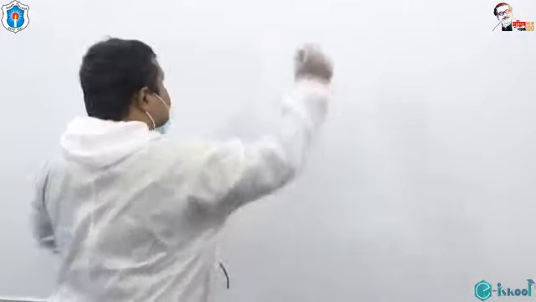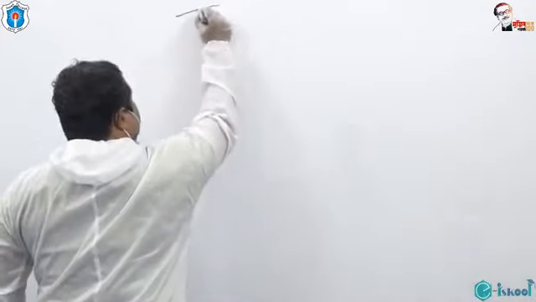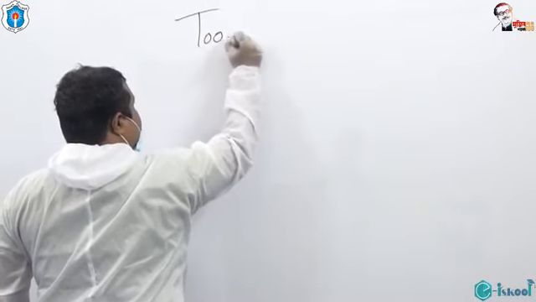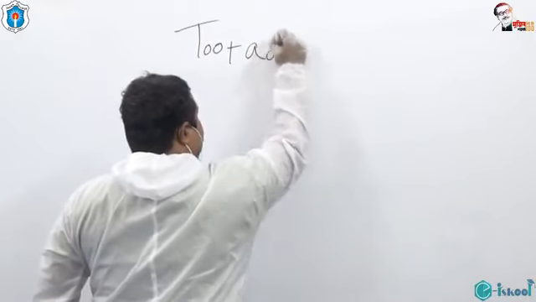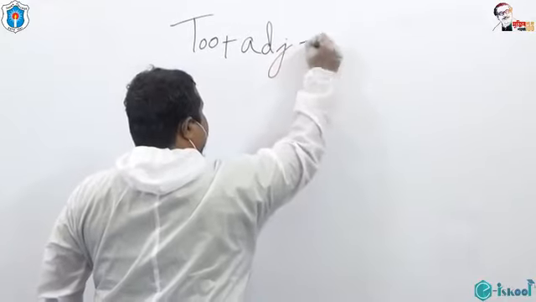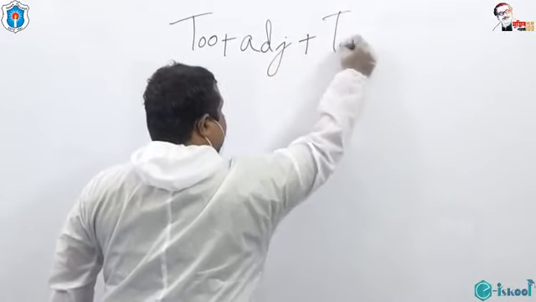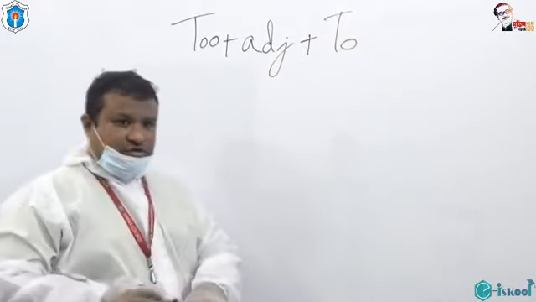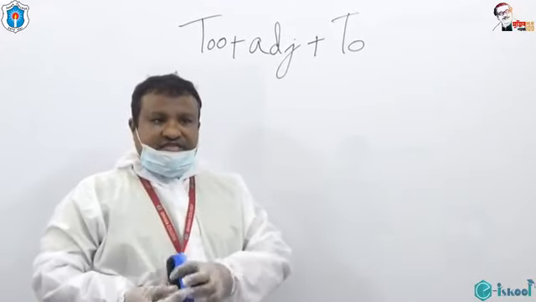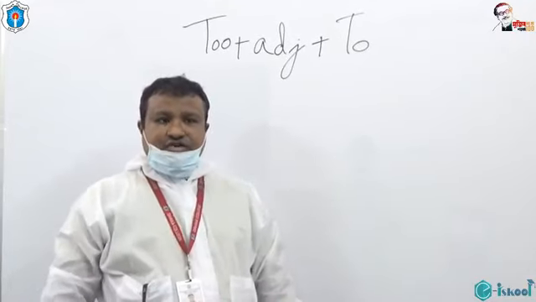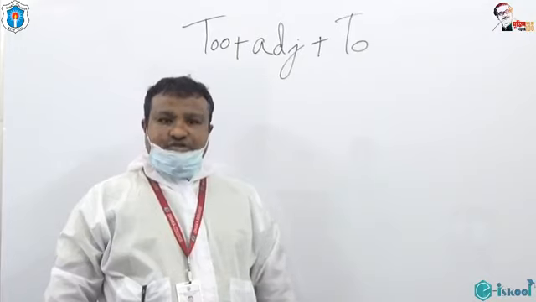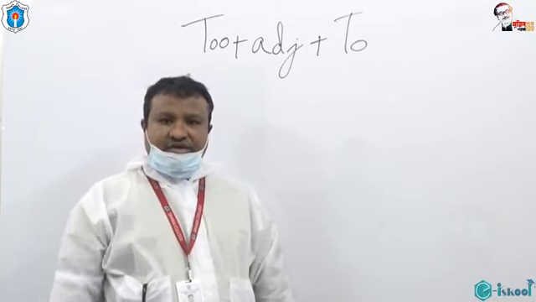The first structure is too plus adjective plus to. So this is the first structure, that is too plus adjective plus to, and how we can complete it.